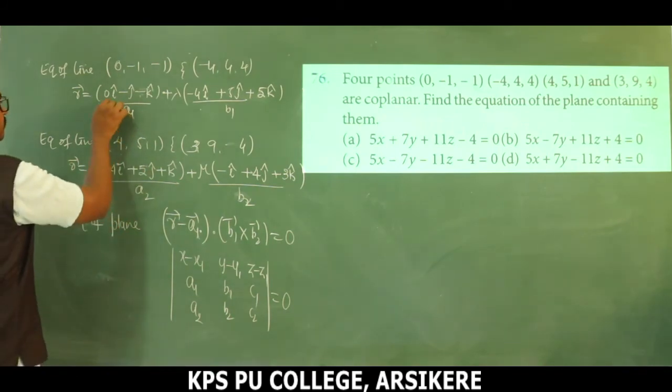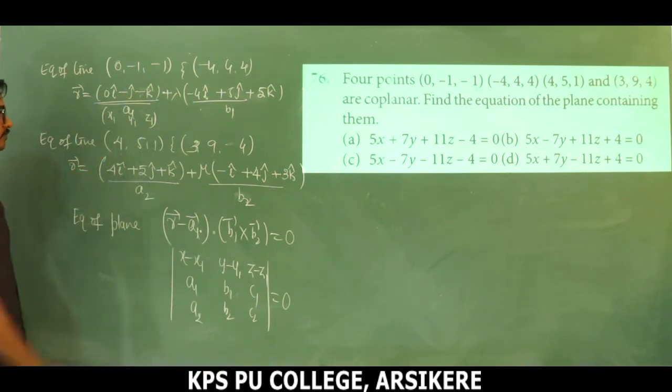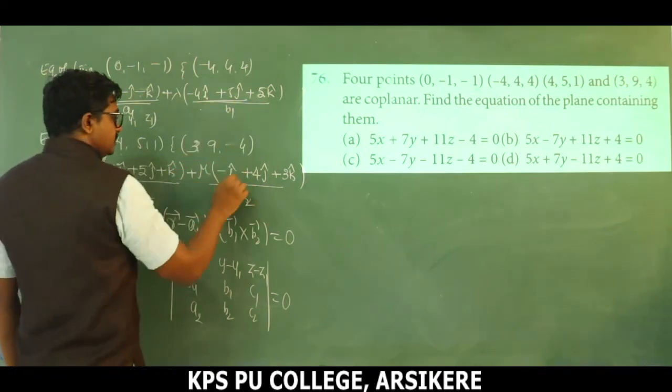So this is the point x1 y1 z1, that is a1, this will be b1 and this is b2.